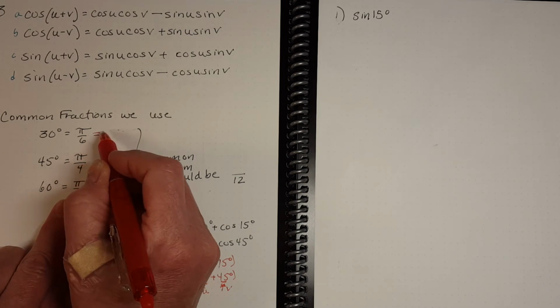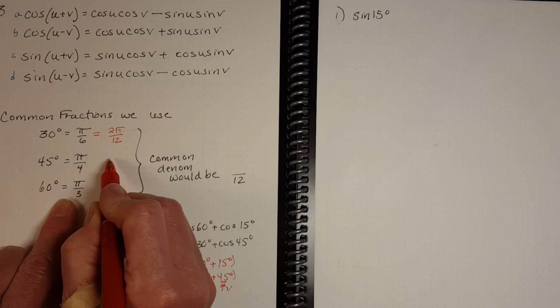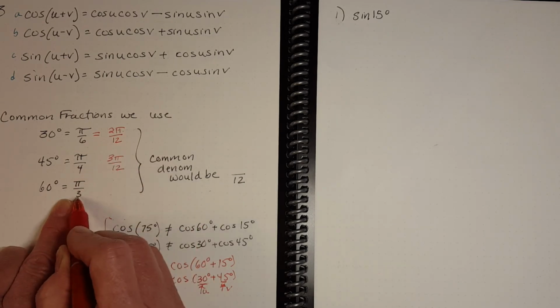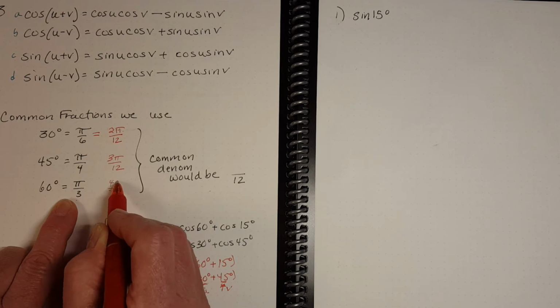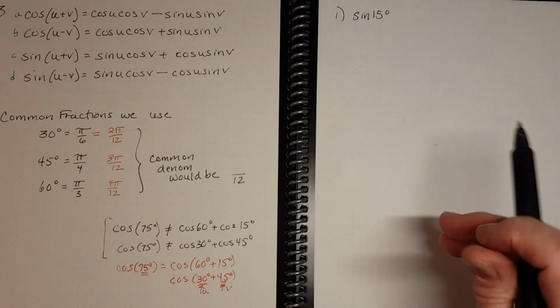So it's worth remembering that pi over 6 is 2 pi over 12, pi over 4 is 3 pi over 12, and pi over 3 is 4 pi over 12. Those are going to come in handy as we do this section. You could go around the unit circle and put all of the numbers in terms of 12ths if you wanted to.